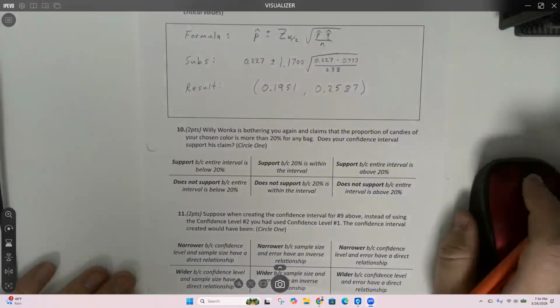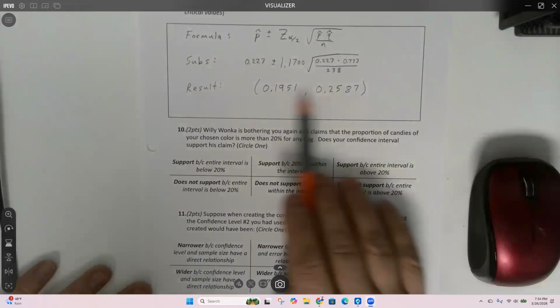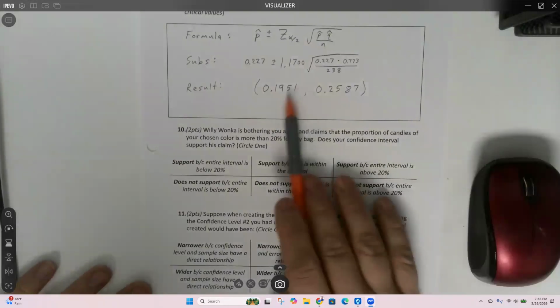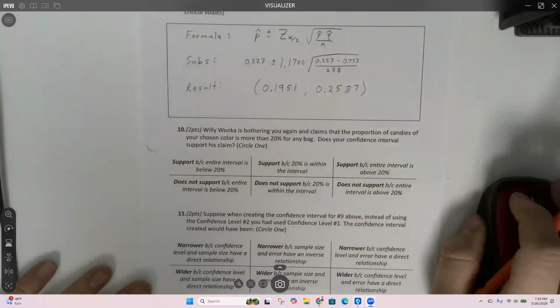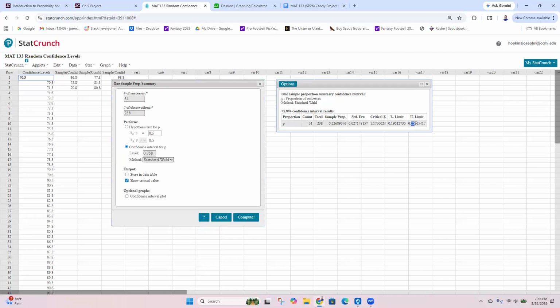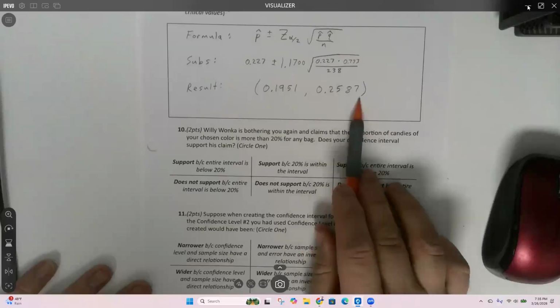Normal rounding rules apply. What I had was 0.2586, but I need to round that 6 up because the 5 next to it rounds it up. So I wrote 7.